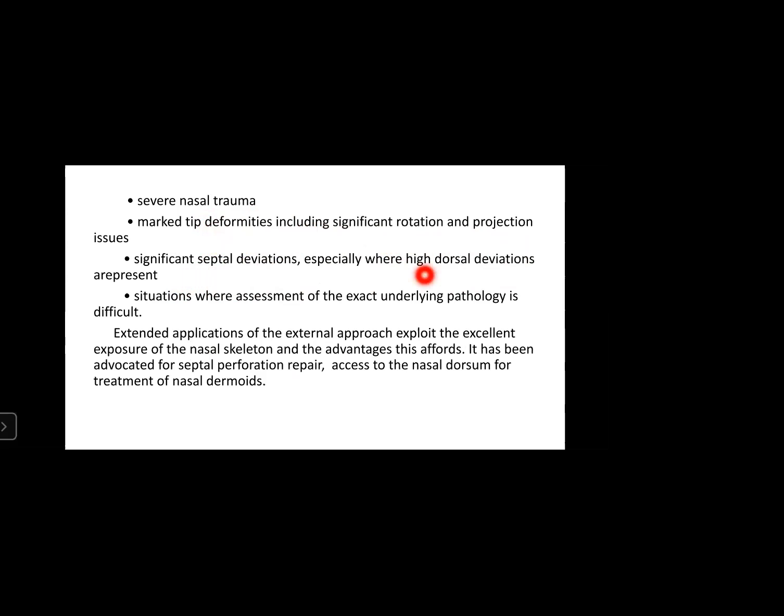If there is deviation of the dorsum, you can go for this external rhinoplasty. And when the assessment of underlying pathology is very difficult, you have to open. The open technique always has the advantage of seeing things easily. So that is very important. It will not cause any damage. Open means you are opening and seeing, and pathology can be easily removed.